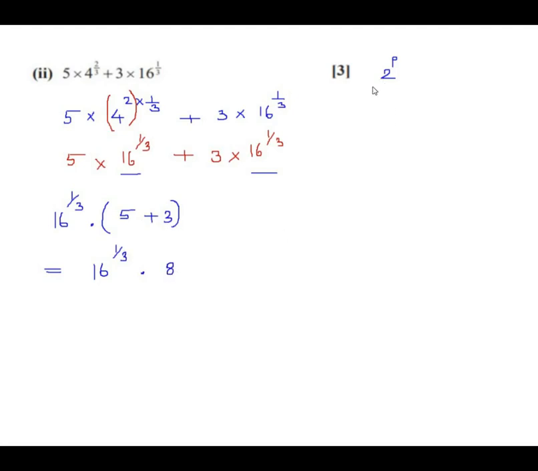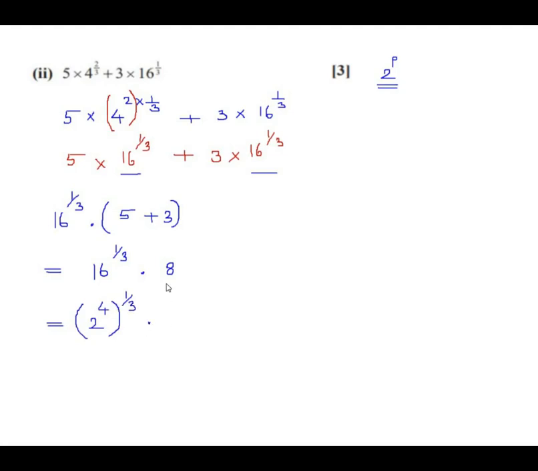Now the thing is, they want us to write the answer in terms of 2 to the power of something. We know that 16 is a power of 2. That is 2 to the power of 4 gives us 16. So in place of 16, I will write 2 to the power of 4 raised to 1 over 3.